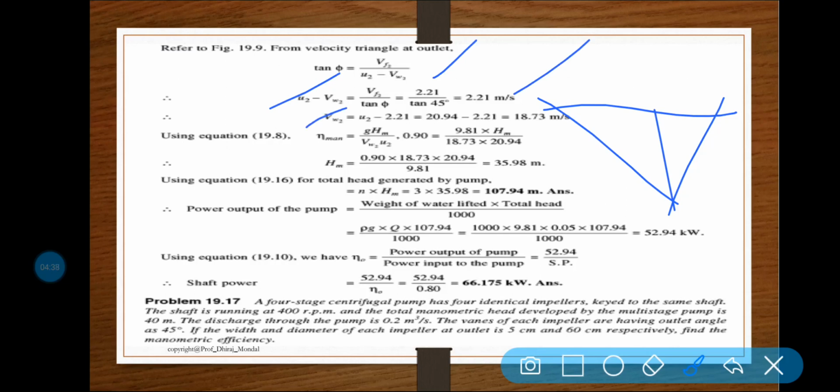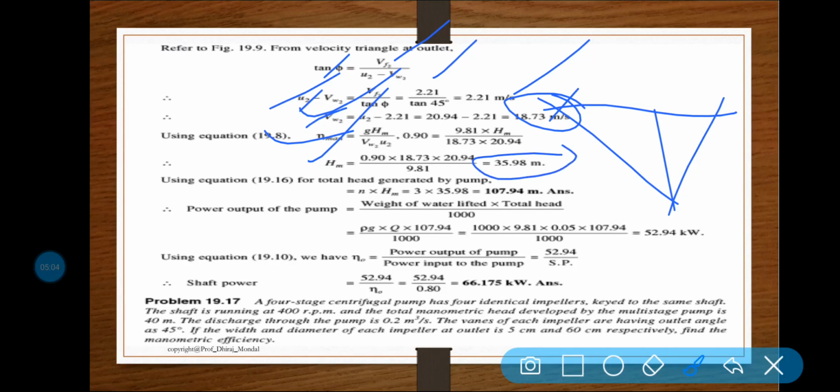So Vw2 is equal to 18.73 meter per second, because phi is given, Vf2 is given, and u2 I have also found out right now. This is how I can find out the Vw2. And you know the equation for manometric efficiency is g HM by Vw2 u2. Put all values, you will get the HM, the manometric head, because manometric efficiency is given.